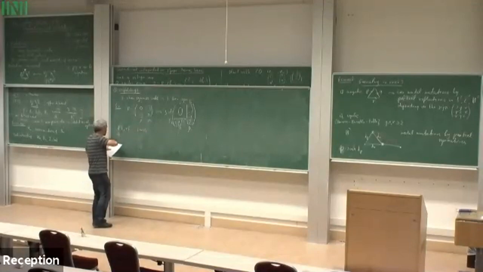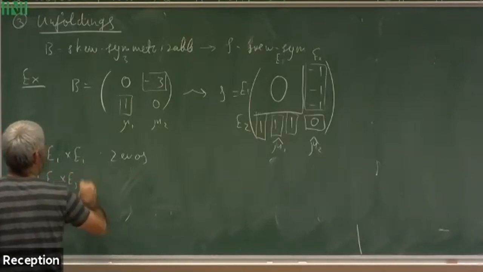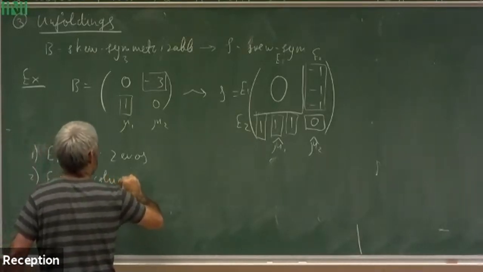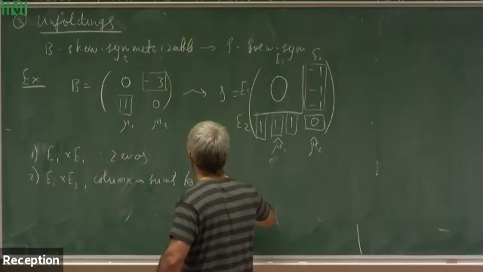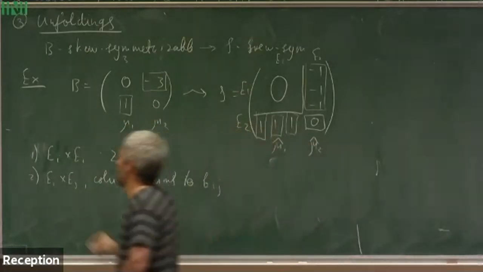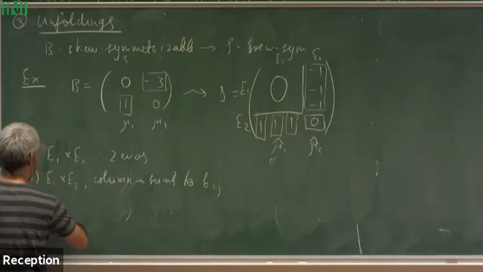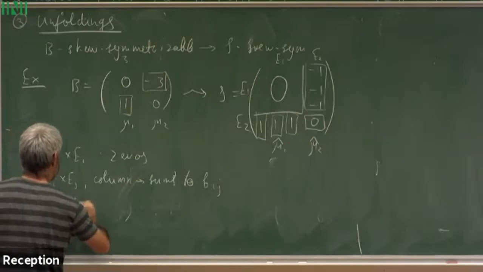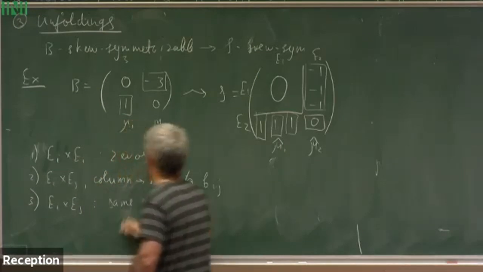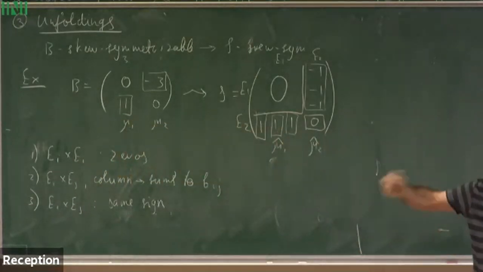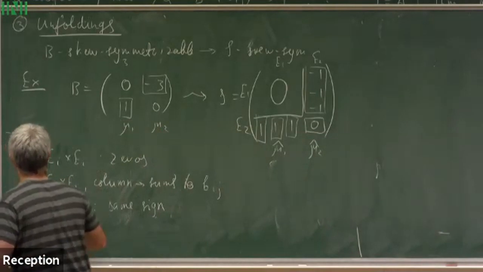Second, if we take the block EI times EJ and take a column EIJ, and the third is that all entries in EI times EJ have the same sign. So you can't have in one block both positive and negative.